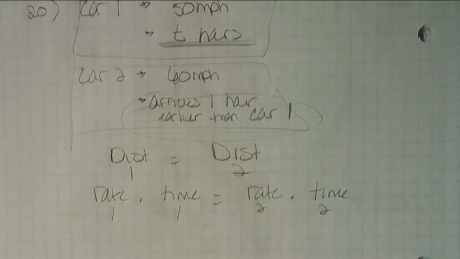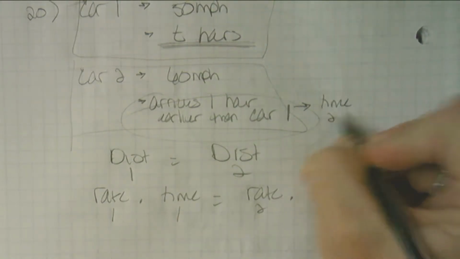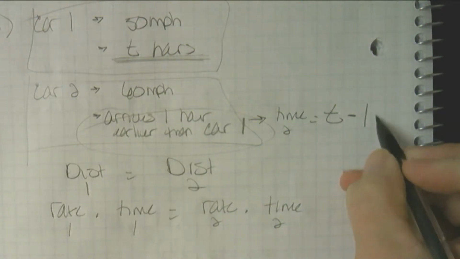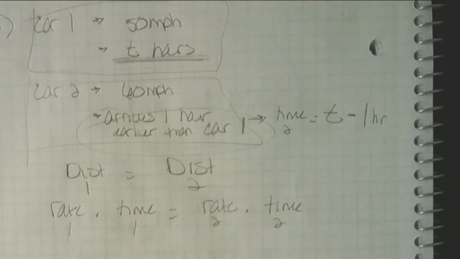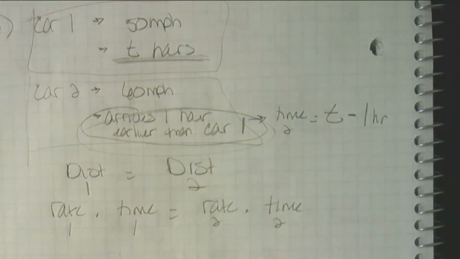You subtract 1 hour from car 1, wouldn't I? So my time of number 2 is going to be equal to t minus 1 hour, because that's what this says.